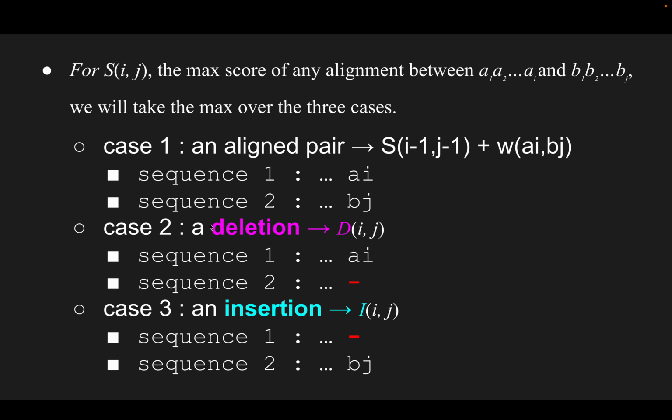The first is an alignment ending with a deletion, which is D(i,j), and the second is an alignment ending with an insertion, which is I(i,j).